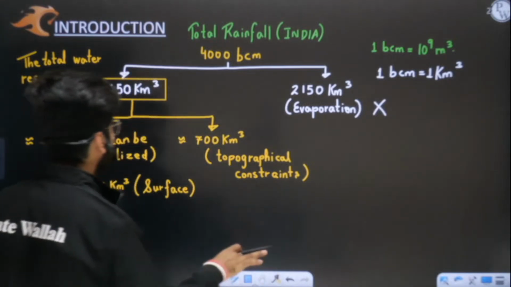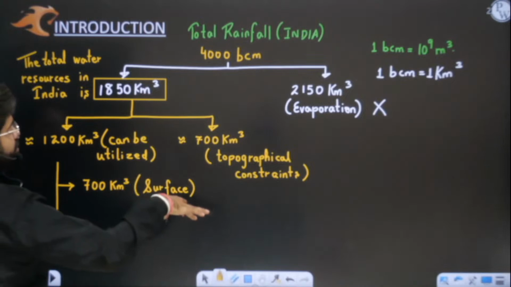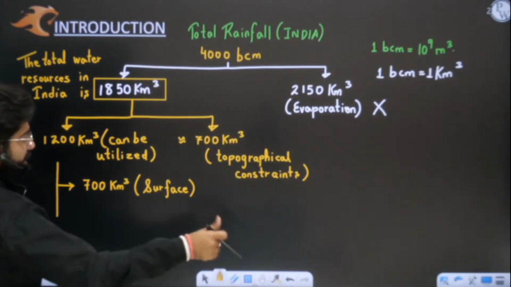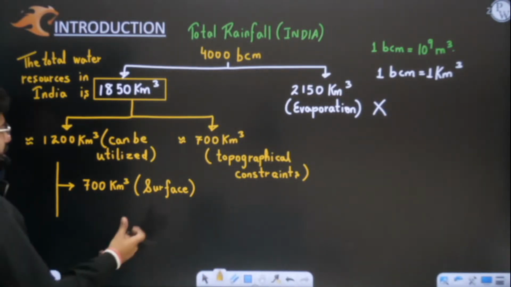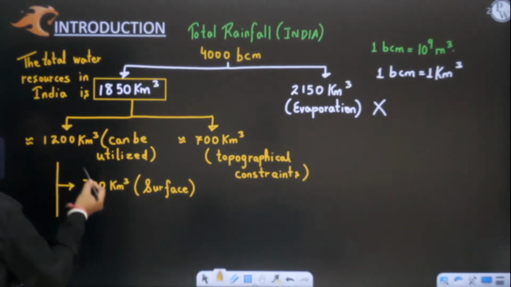We cannot exactly see seas and oceans because it is falling in the Indian subcontinent. So basically we are discussing rivers and lakes. Rivers, lakes, and any kind of pond, that is your surface water. And how much is remaining? 500.